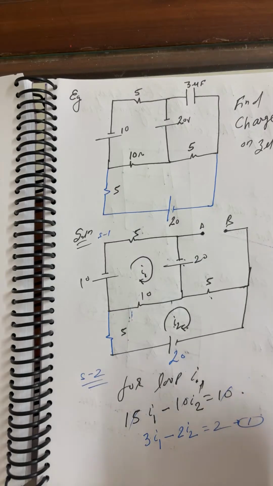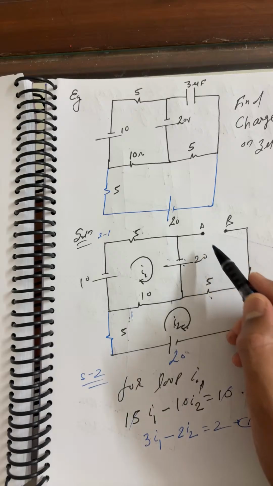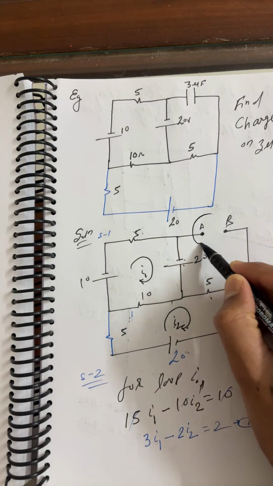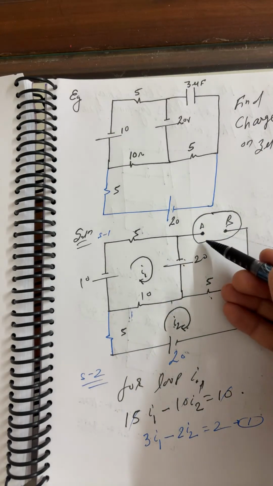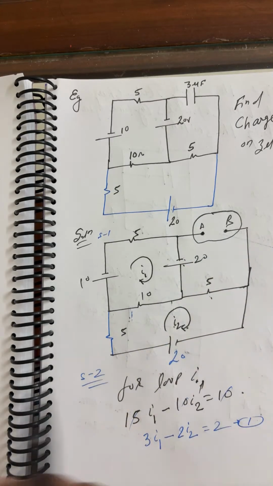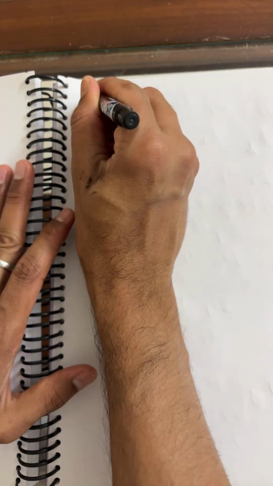So step 6 here. I'm applying KVL again for this because I wanted to find the potential VA minus VB. So this is VA, higher potential, minus 2 plus. In step 6, I'll continue further.